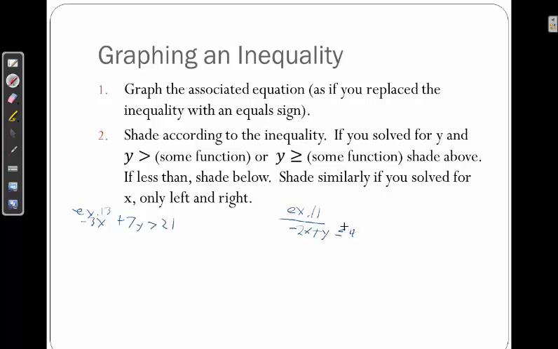So we are going to graph the associated equation. So if this were equals, this would be a line, and I just solve for y. So y is less than or equal to 2x plus 4. And if you sketch that, this is not going to be a great sketch.